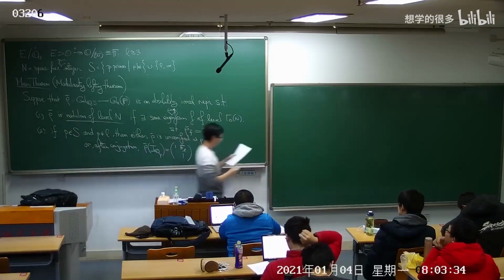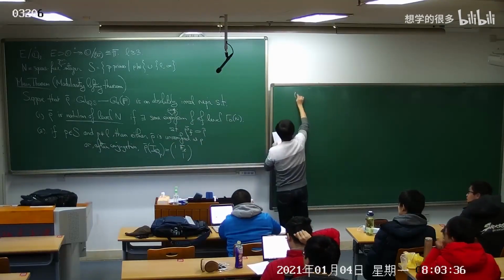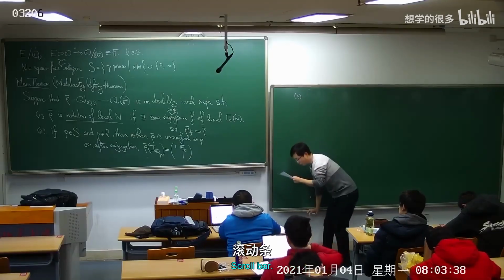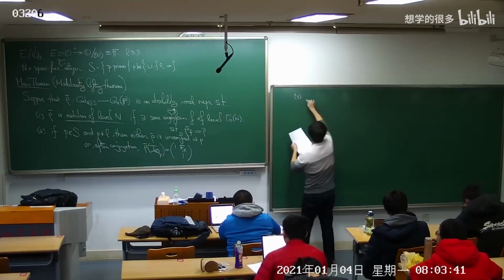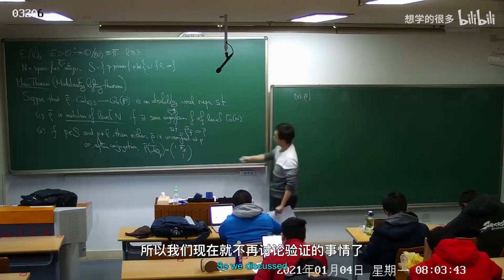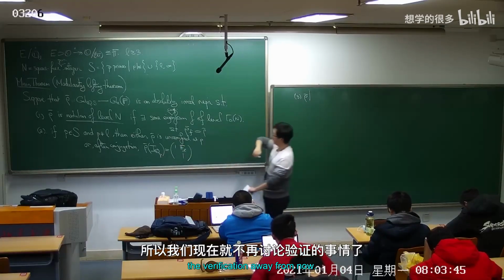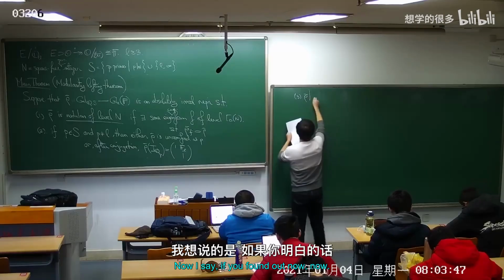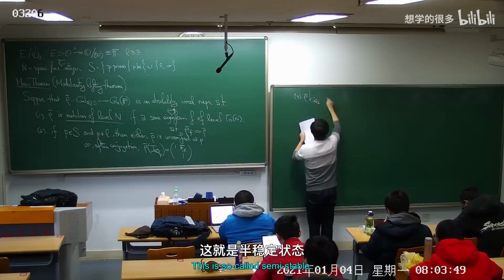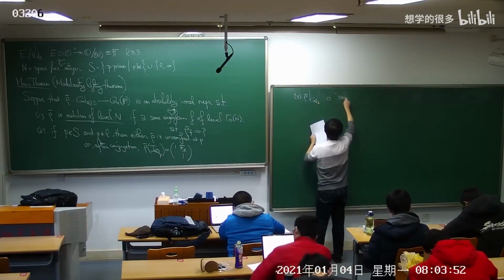3. This rho bar. So we discussed the ramification away from L. Now I say something about at L. This is so-called semi-stable.